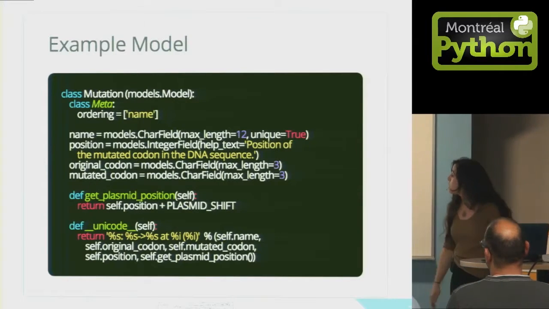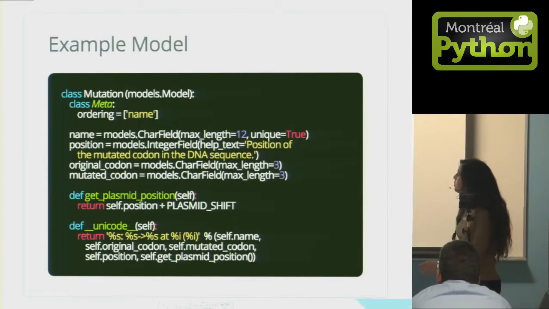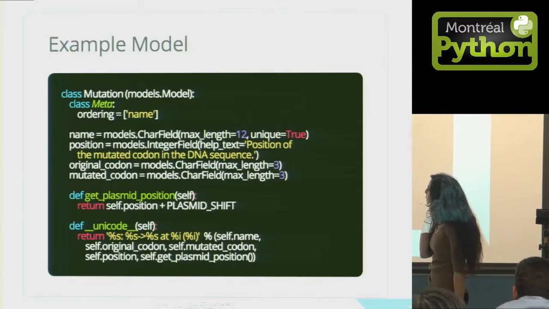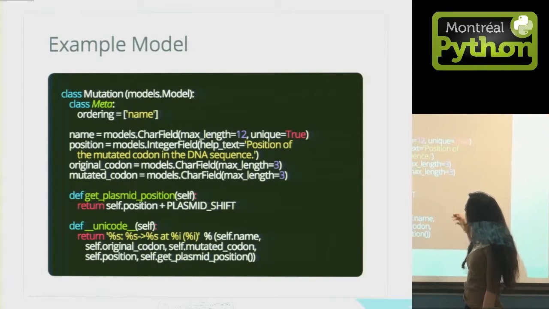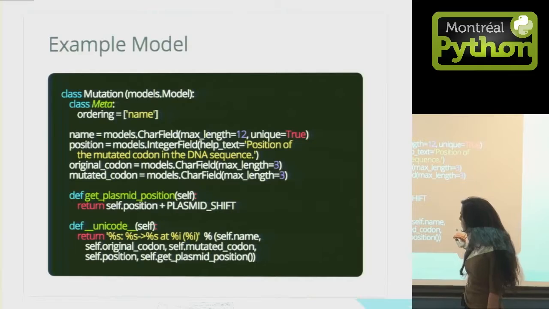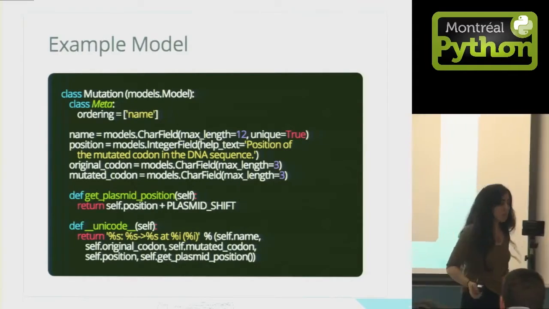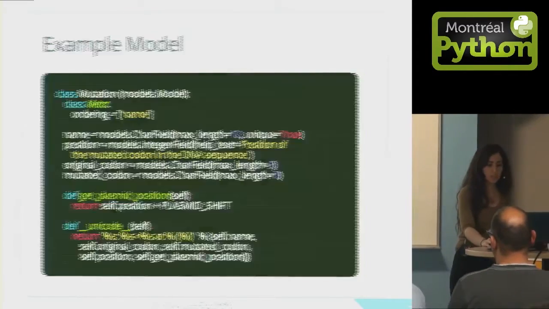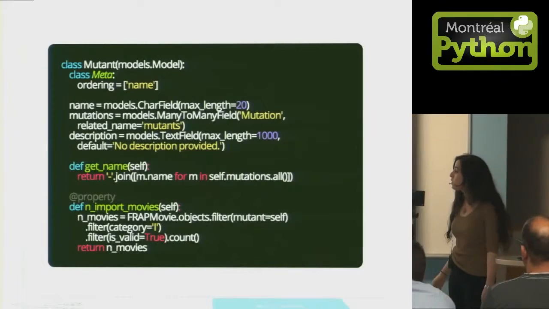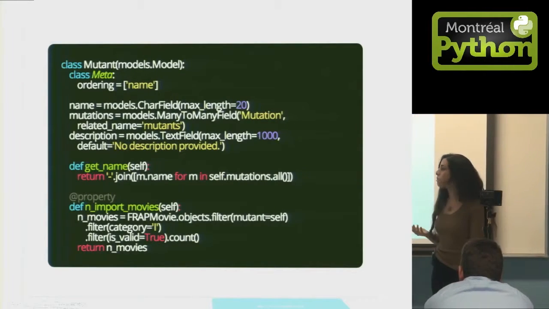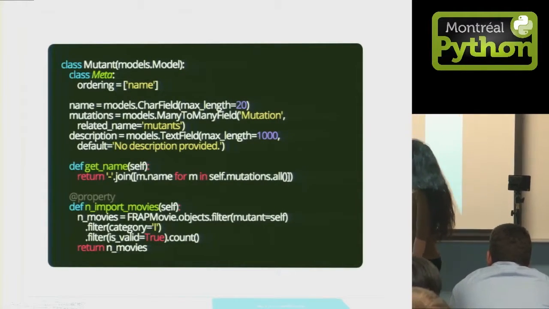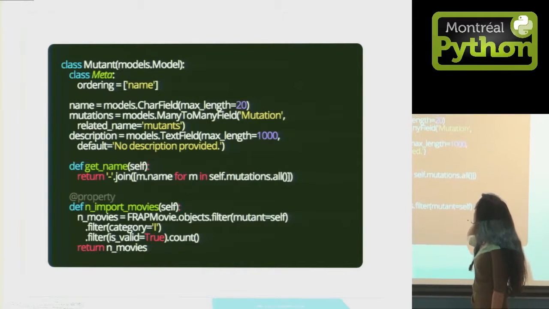This is another example model. This is a mutation, where we have different fields that express it. More importantly, a mutant is actually an assortment of mutations, because a mutant might have many mutations. So here I also have a many-to-many field.